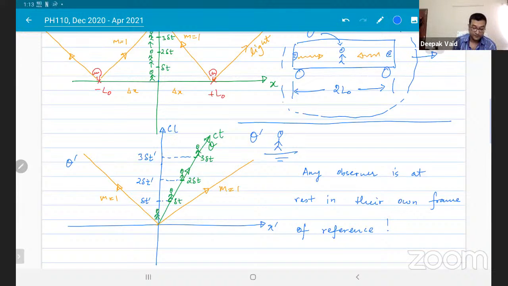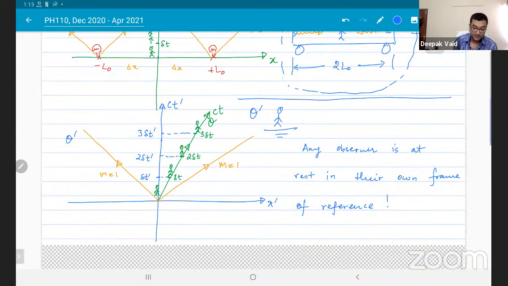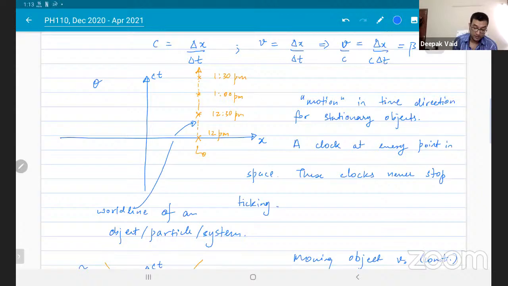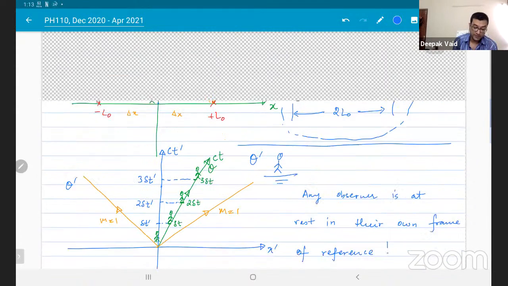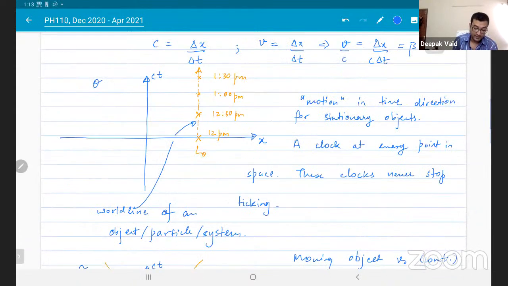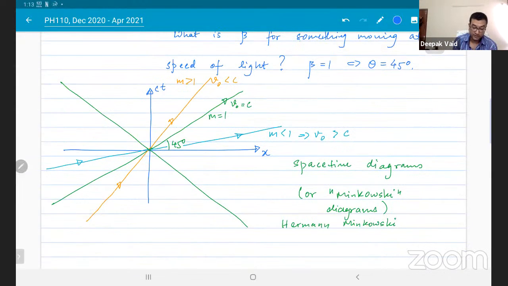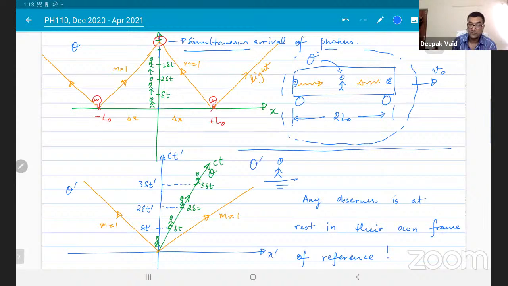So this is this world line picture. I want you all to just look at these pictures and understand how we are drawing different observers.